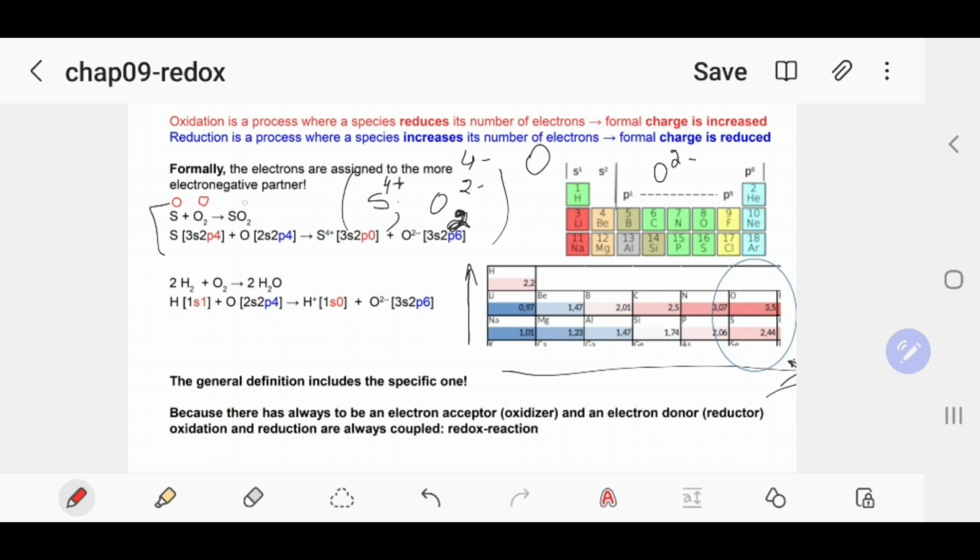At the end we have -2 for the oxygen, times 2 of course, plus 4 for the sulfur, which means from 0 to +4 we have an increase of charge.